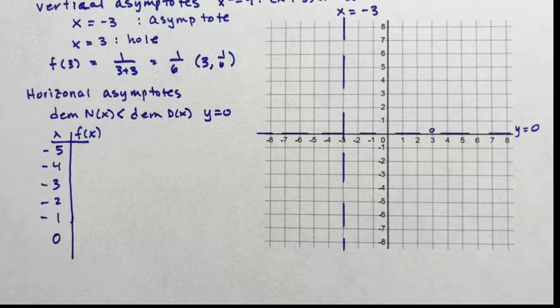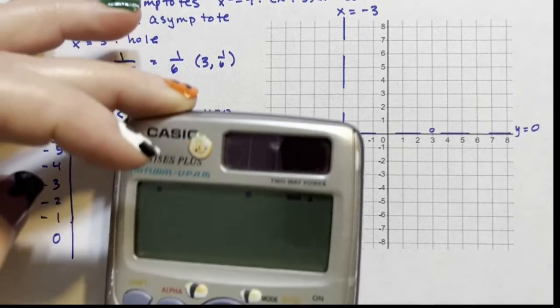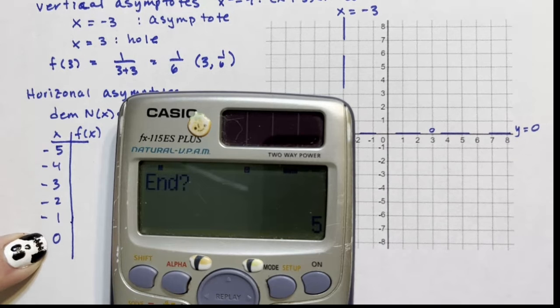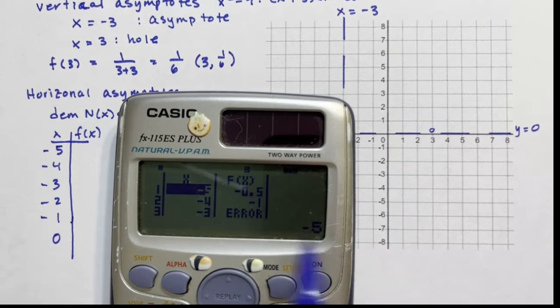Some of you have calculators where if you hit mode and table, you could enter x minus 3 divided by x squared minus 9, and say I want to start at negative 5, go to 0, with a step of 1. You can also go 0.5, and it gives you your asymptote right there.